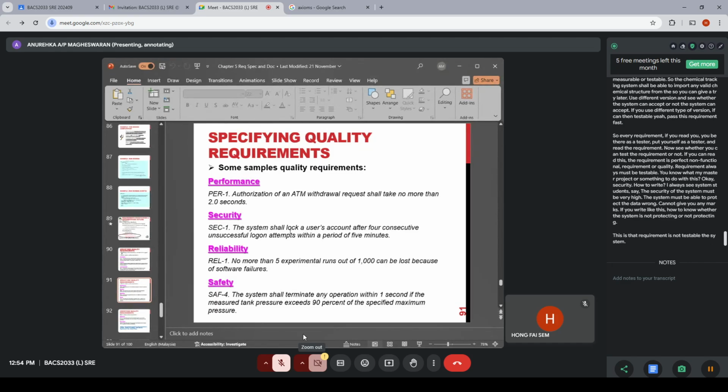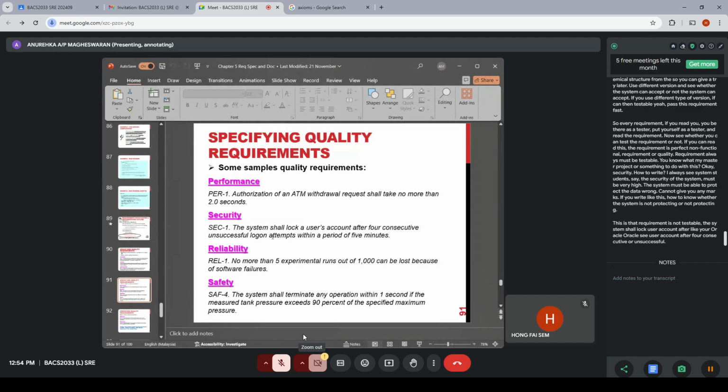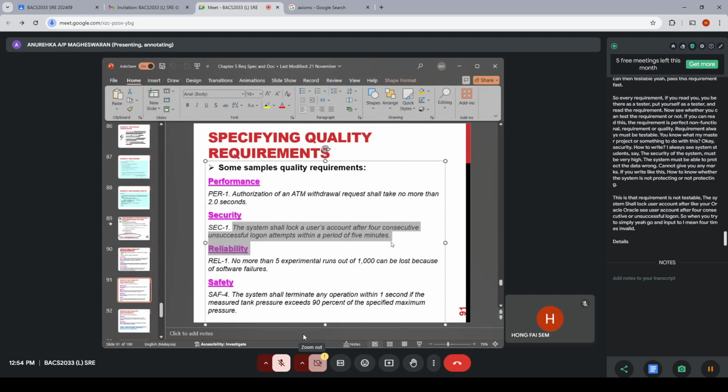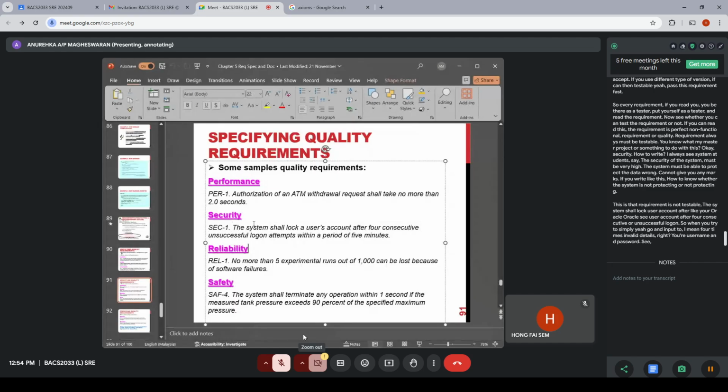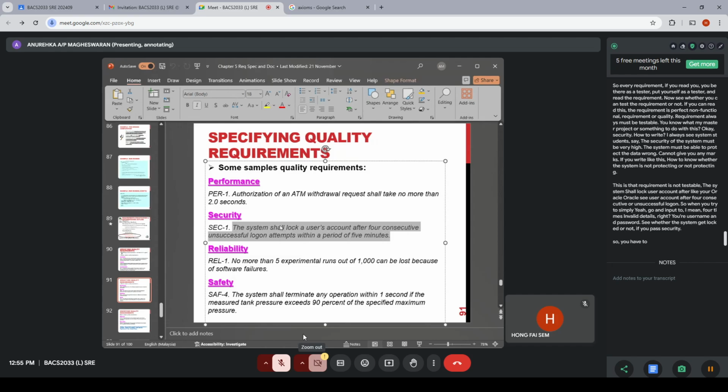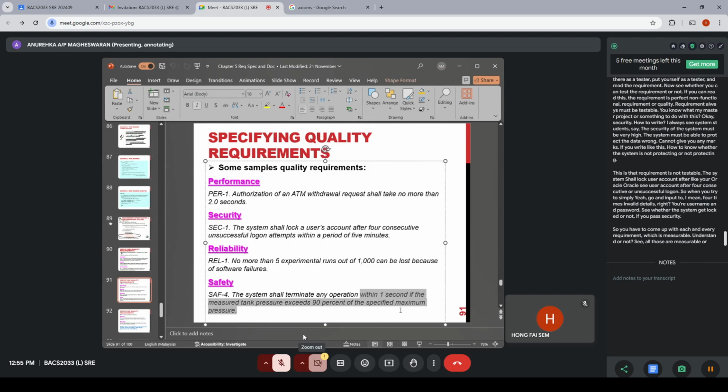Instead: the system shall lock the user account, like in Oracle, after 4 consecutive unsuccessful logons. So you input invalid details, your username and password, 4 times, and see whether the system gets locked or not. If it gets locked, yes, it passes security. You have to come up with every requirement so that it is measurable. Understand or not? All these are measurable or testable. Otherwise, your answers are not acceptable.